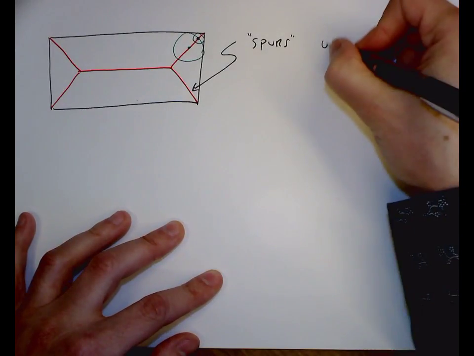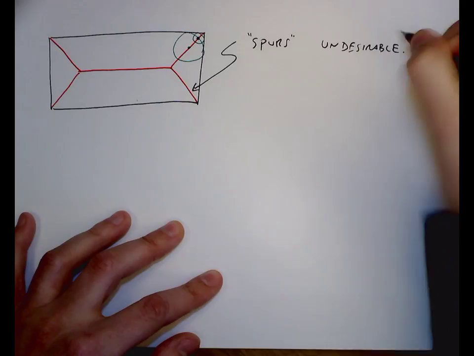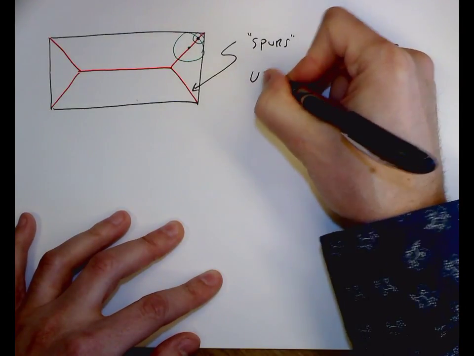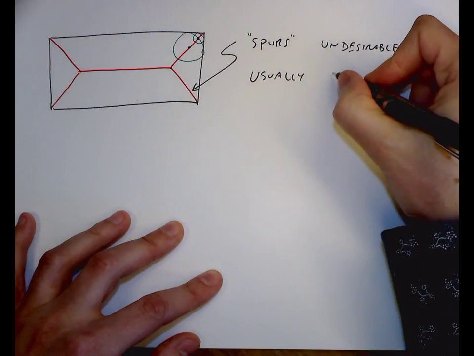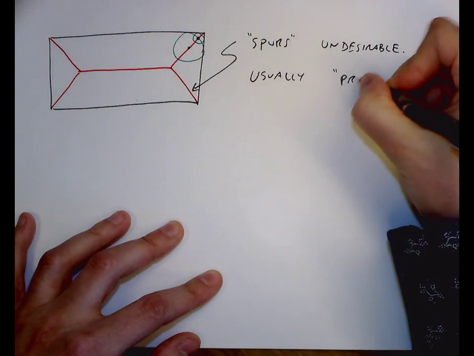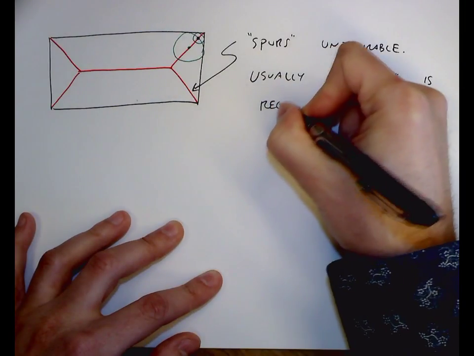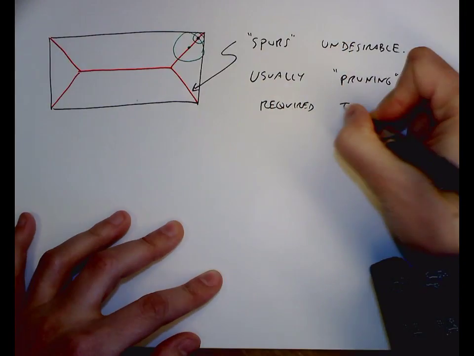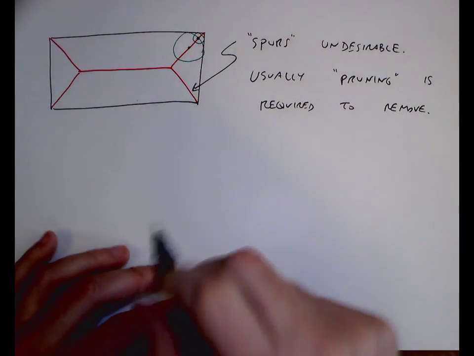Not usually what you want. So usually some sort of what's called pruning is required to remove them. Let's look at a couple of examples, and I'll come back to this in just a second.